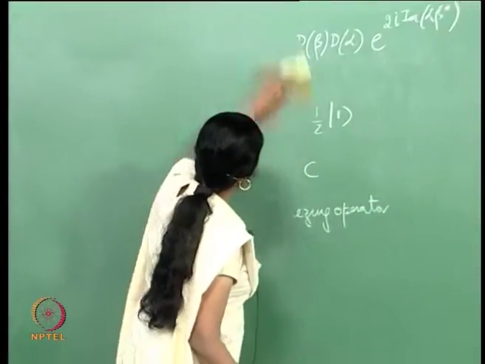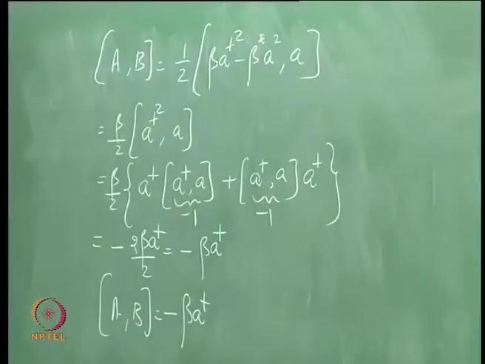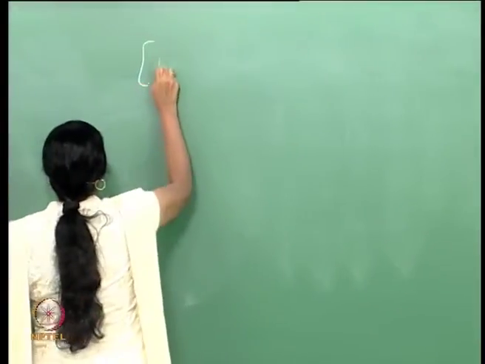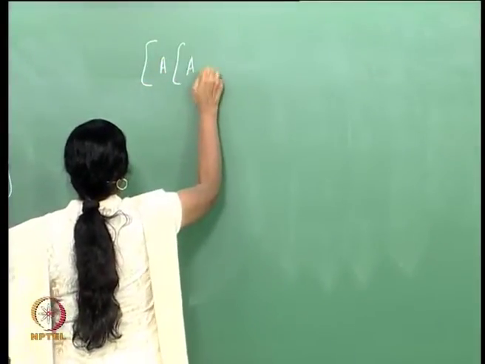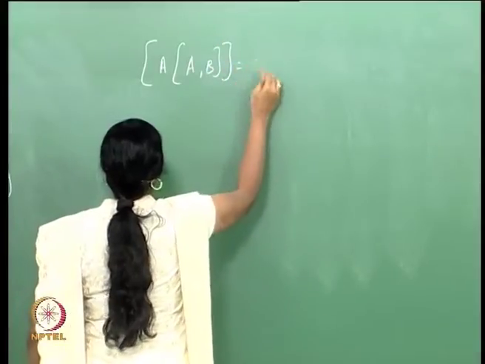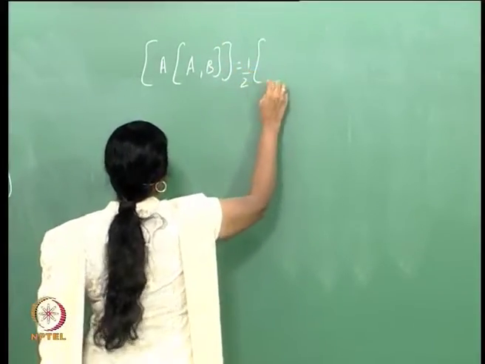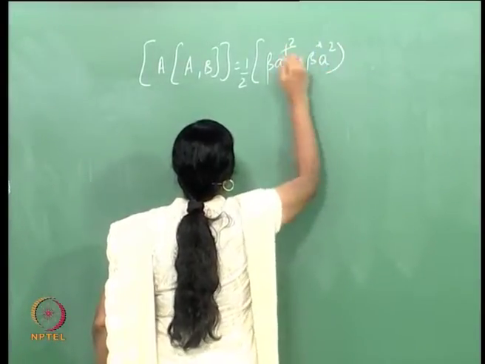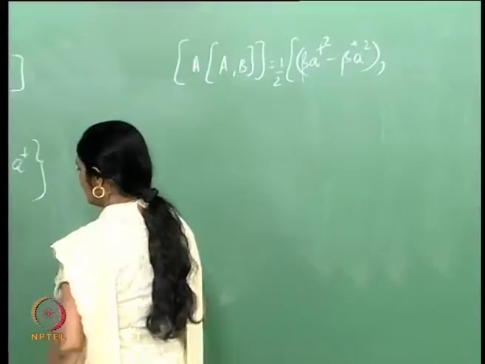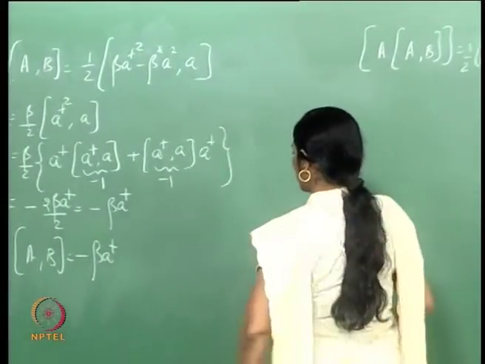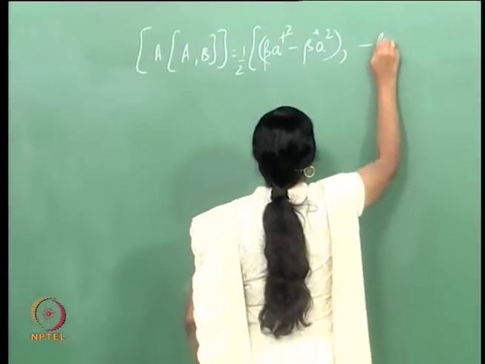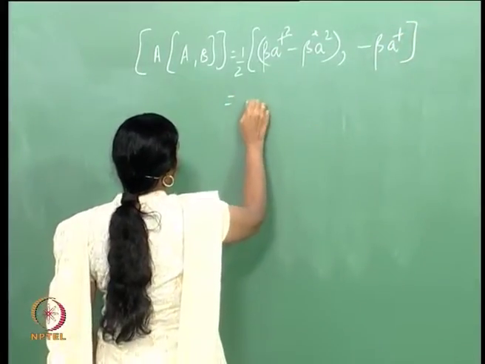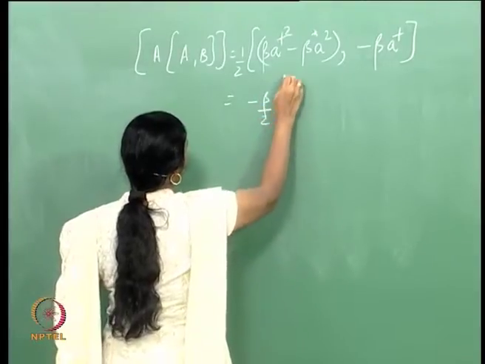Let us work out that commutator now. Commutator of A with B is a half beta A dagger squared minus beta star A squared, its commutator with minus beta A dagger. So that is minus beta by 2.